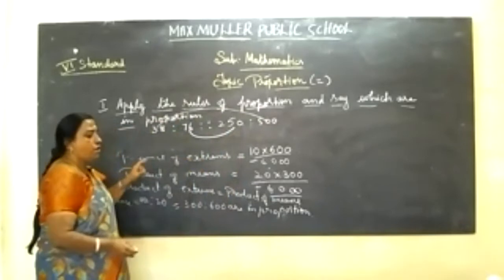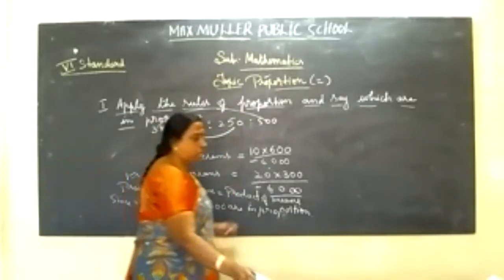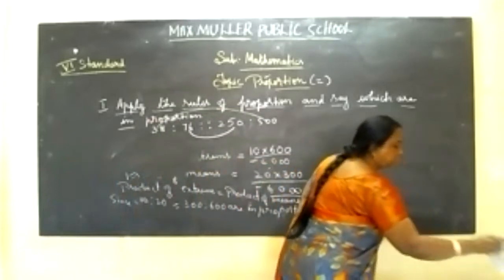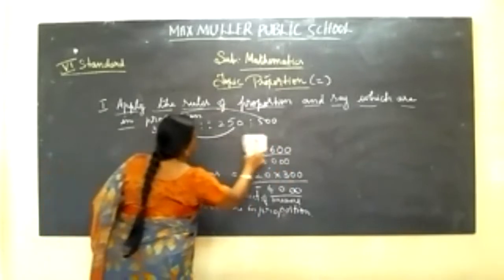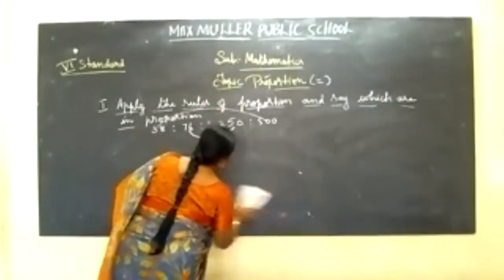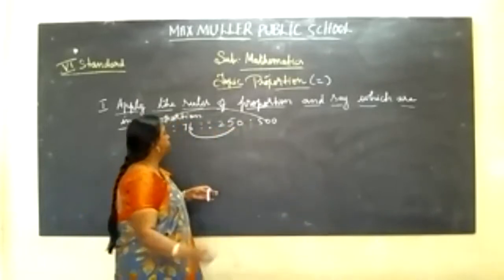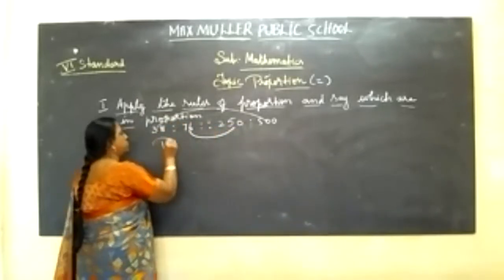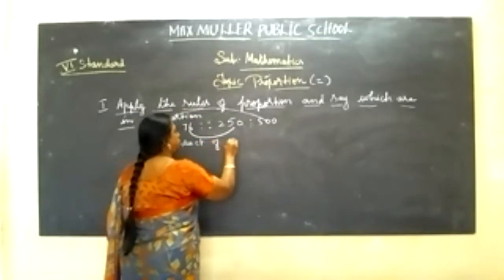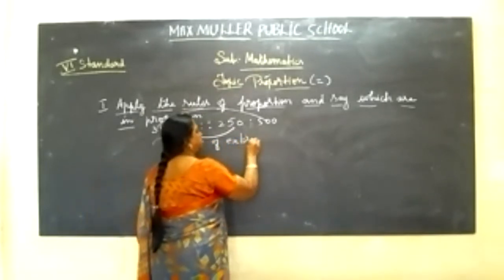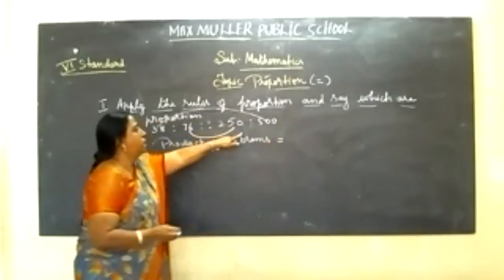So product of extremes, first you should go, product of extremes equals first and last term.